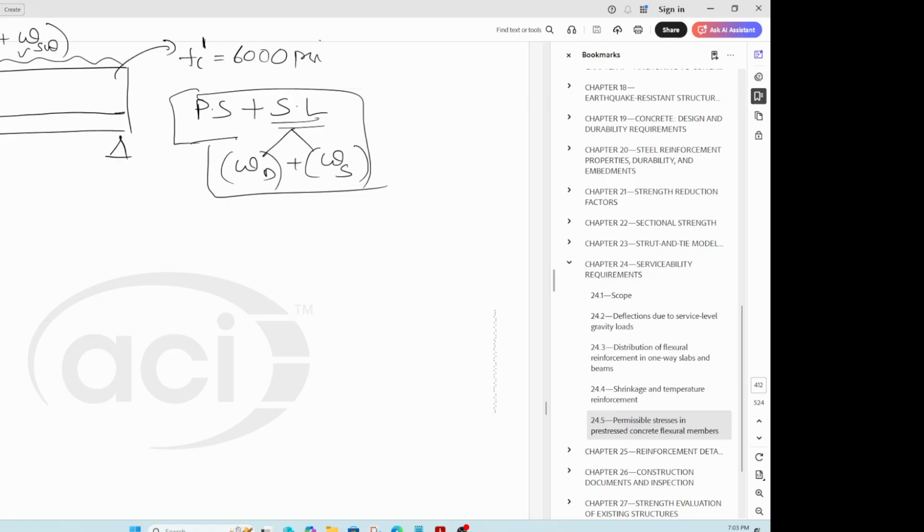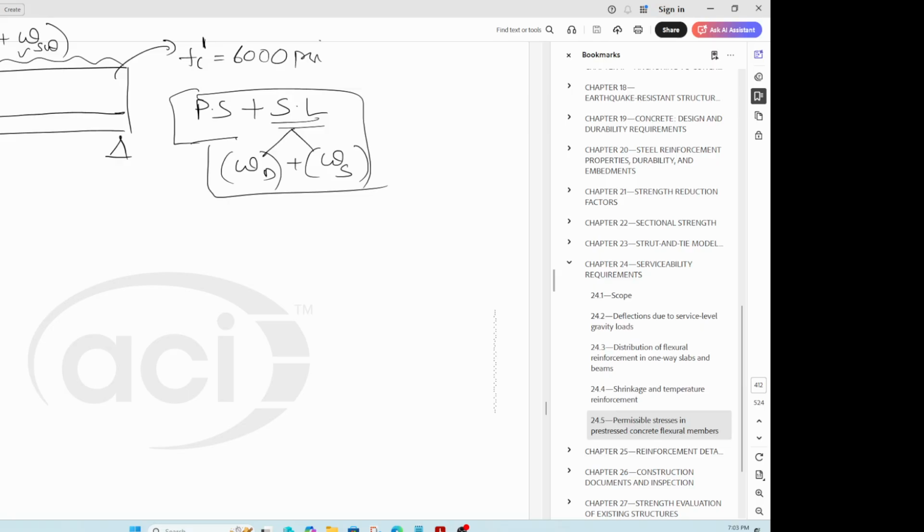You have your P final, because now the reinforcement has relaxed a little bit, and it has its final stress in the reinforcement. It's not the same value that you initially stretched it for. Let's say you stretched it for 175 psi.